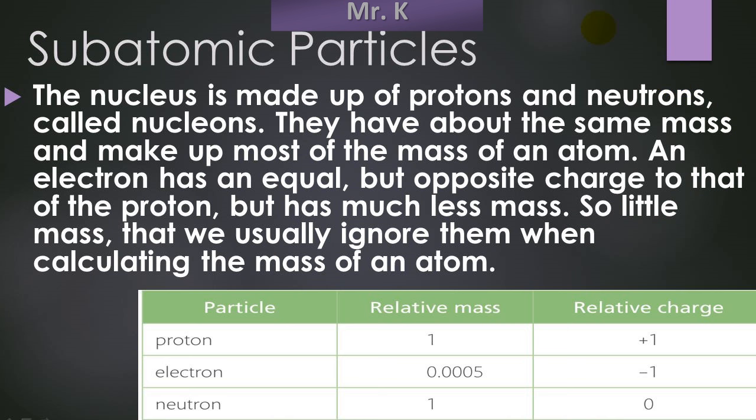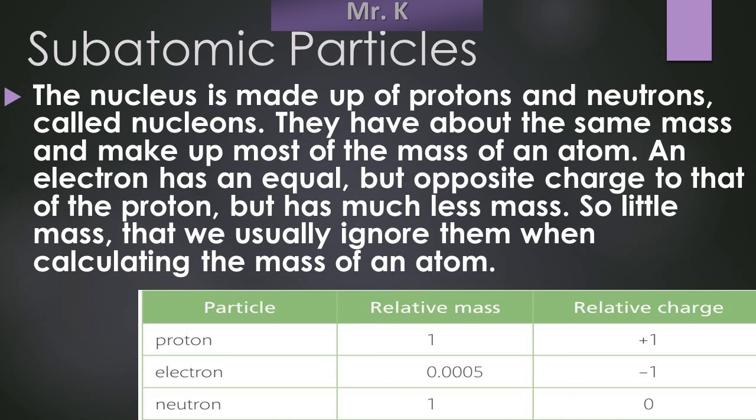The nucleus is made up of protons and neutrons, called nucleons, together. So a nucleon is either a proton or a neutron. They both have about the same mass, that is, a proton and neutron have about the same mass, and they make up most of the mass of the atom. An electron has an equal but opposite charge to that of the proton, but it has much less mass.